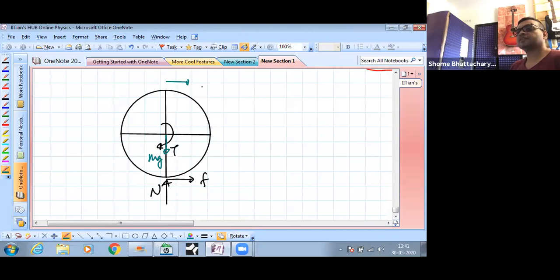Friction will give the center of mass a linear acceleration, and it will cut the angular acceleration a bit. So we'll have tau minus friction into r is equal to I alpha, and friction is equal to M a_c, and this is the condition for no slipping.